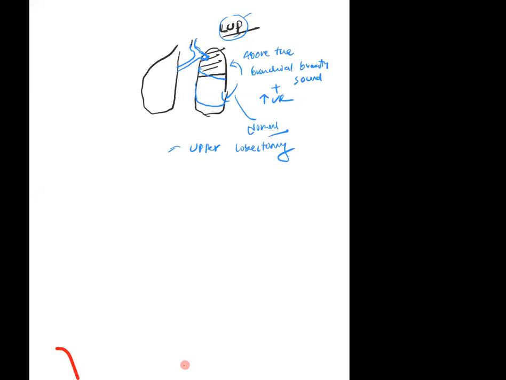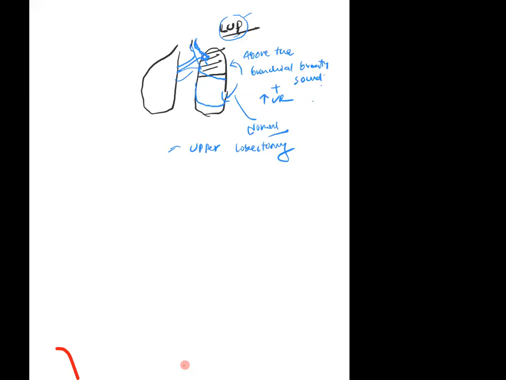With time, the trachea will be shifted to the left side. If the patient comes after years, you will find the whole trachea shifted to the left side, then shifted to the right. So there will be increased breath sound and increased vocal resonance, and below the scar everything is normal. So this is a case of upper lobectomy.